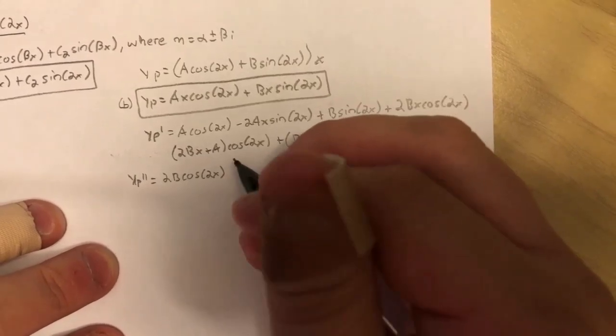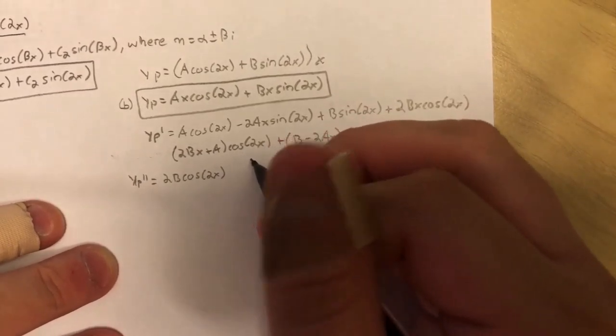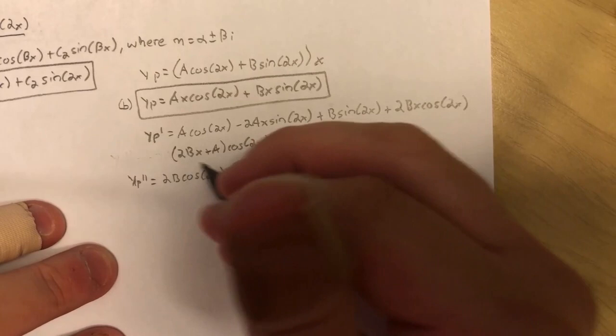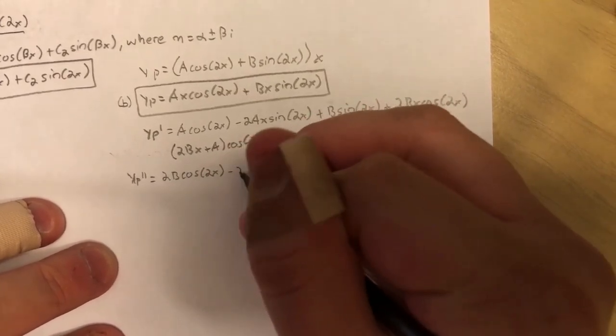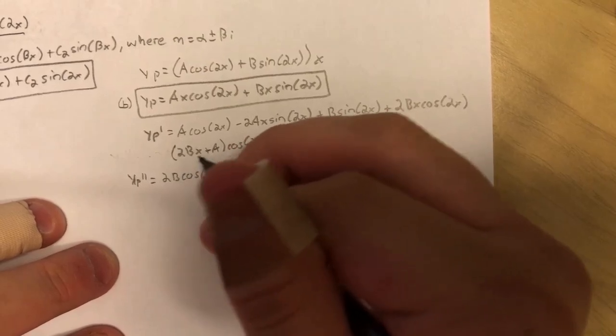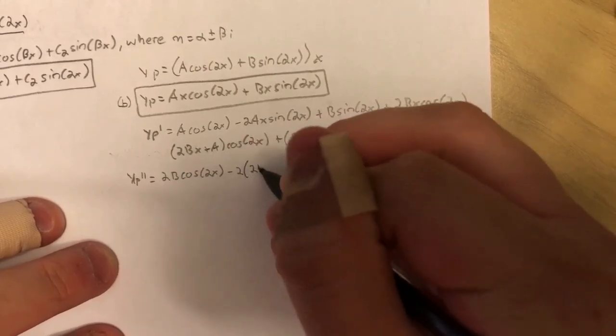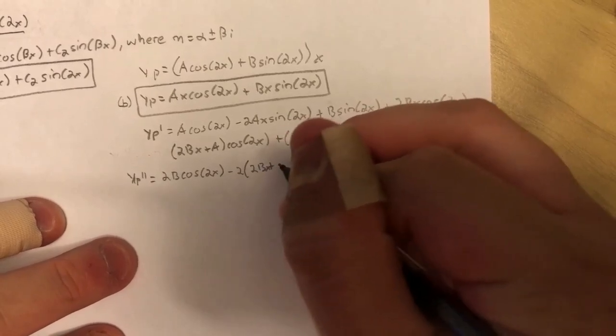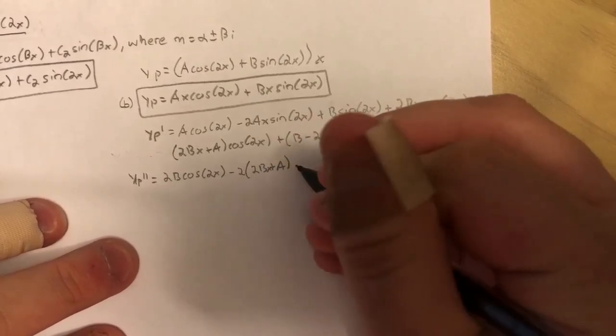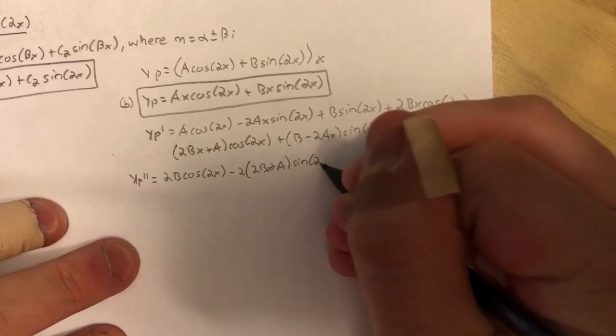And then derivative of cos 2x was negative 2 sine 2x, so negative 2, but we're going to multiply it to this whole term. 2b plus 2bx plus a sine of 2x.